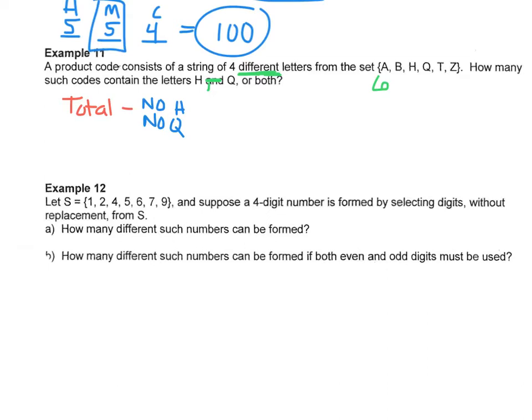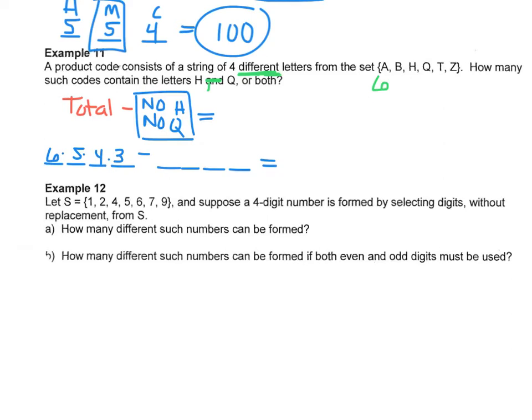So if I take the total and I take out what I don't want as my answer, I'm left over with the only remaining, which is everything that does have an H, a Q, or both. So those totals would be minus 1, 2, 3, 4. I am going to use a product code to figure this out. So if we start with the total in the elements, which was 6, 5, 4, 3, and that again is because they have to be different.